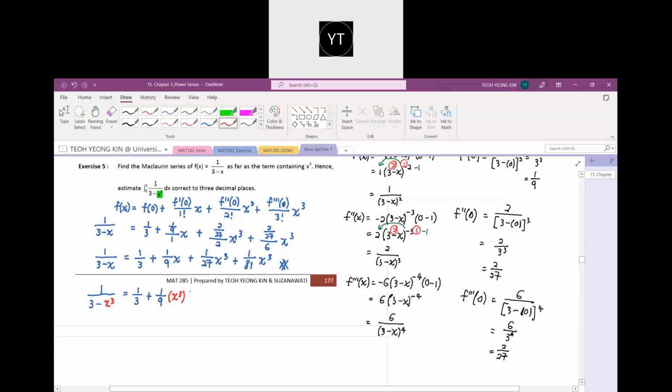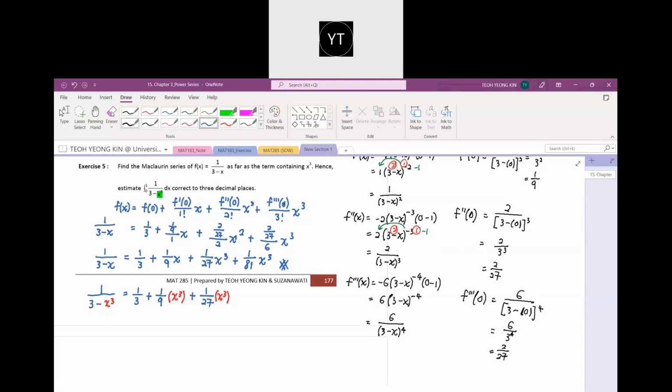Pay close attention to this one. 1/27, against this x, I change to x cubed. But don't forget, here is x squared. Sorry about that. Here it is supposed to be x squared, not x cubed. Please change to x squared here.